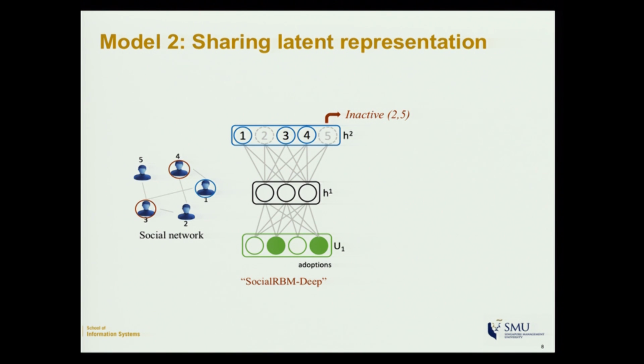But at the top layer, we integrate the network structure. Because user 1 only has connections with 3 and 4, we activate the first, the third, and the fourth users. For the users that don't have a connection with the first user, we just drop them when encoding from the bottom layers.